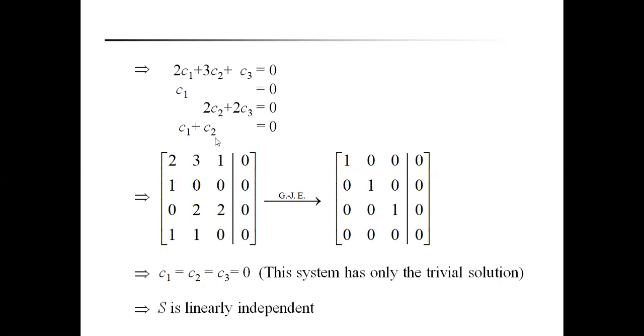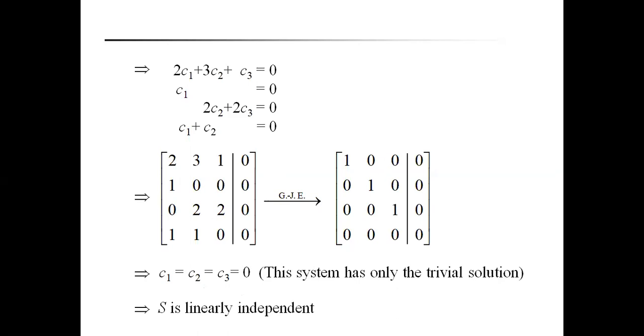Now reduce to echelon form by using elementary row operations. Doing it here is too difficult, so you can go through the elementary row operations; you already know that. Therefore we get 1 0 0, 0 1 0, 0 0 1, 0 0 0.